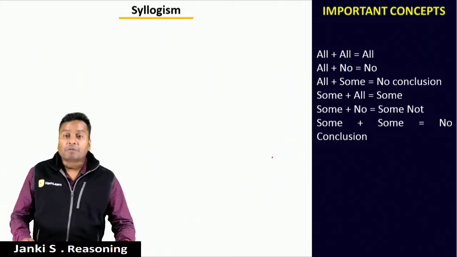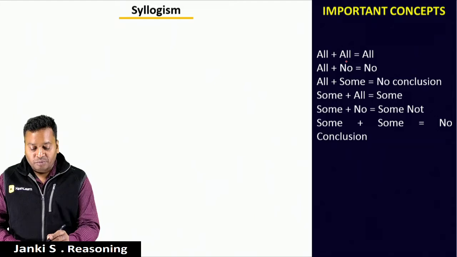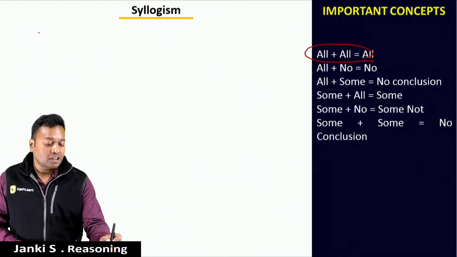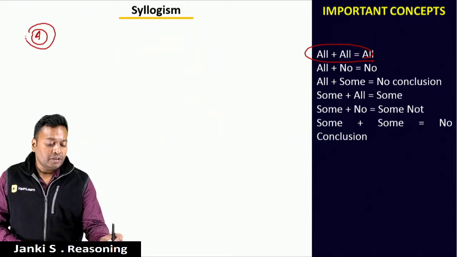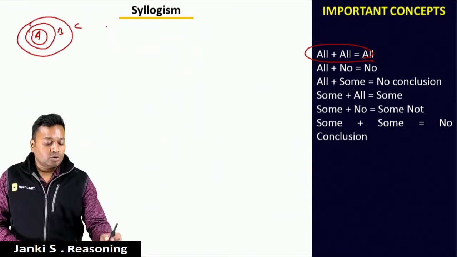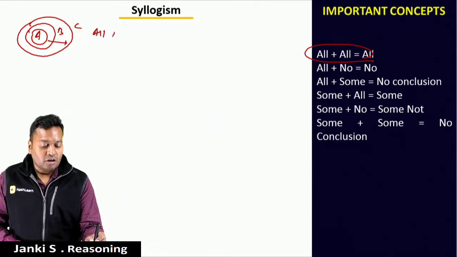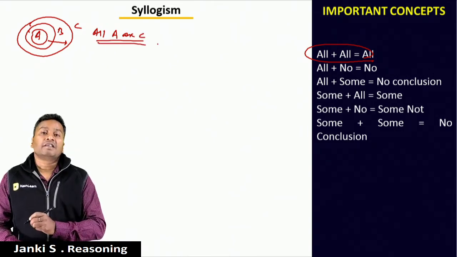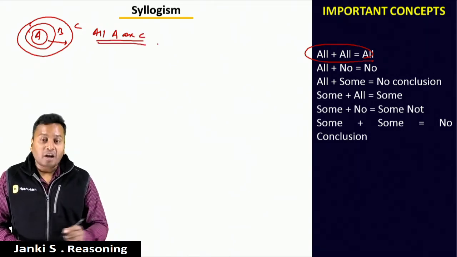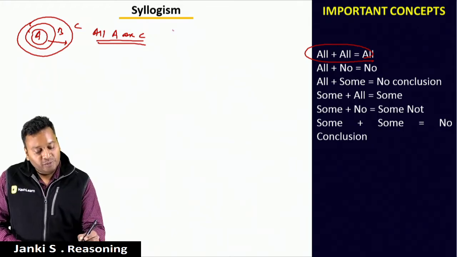So the important learnings again: when I'm talking about all plus all, it will always be all. We can check all A are B and all B are C. If I'm moving from inside to outside, I can say all A are C. That is the condition. But the other conclusions will always be in terms of some.